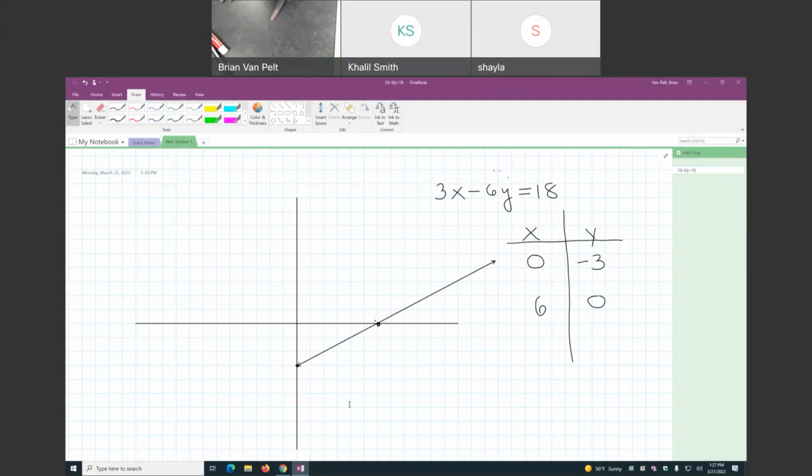Here's what you were talking about, the other points on here. Let's take a look at when x is equal to 1. Can you tell me, roughly speaking, what the y value is?